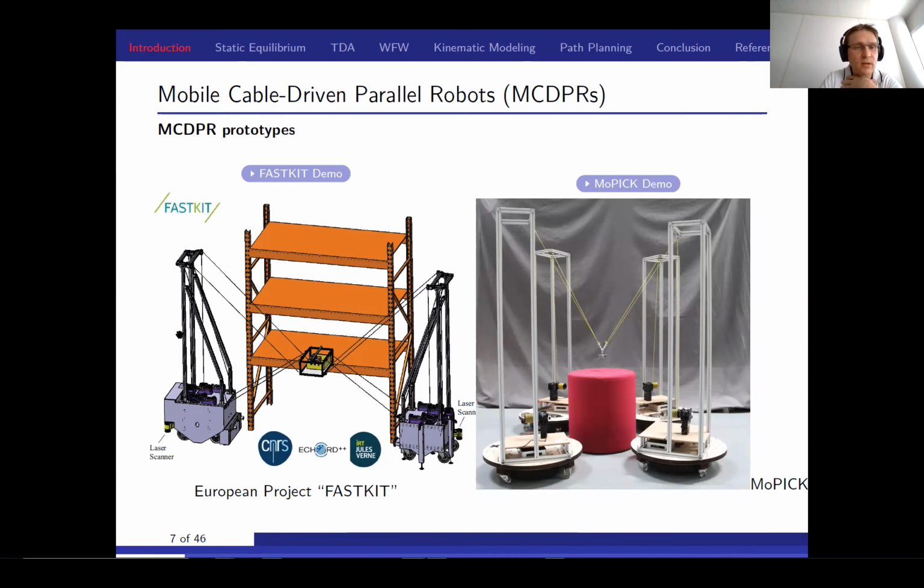The first one takes the cable configuration proposed by Tobias Bruckmann, on top of two mobile bases, one active and one passive. The targeted application here is clearly logistics.